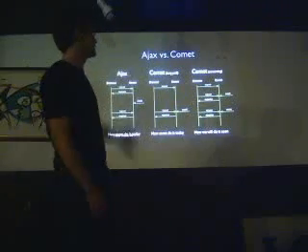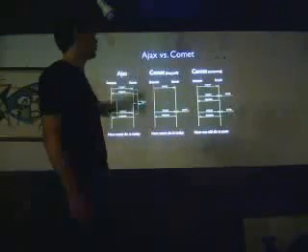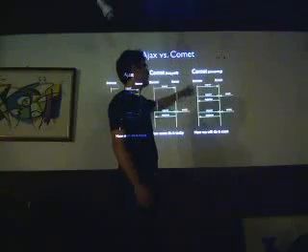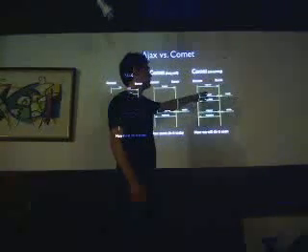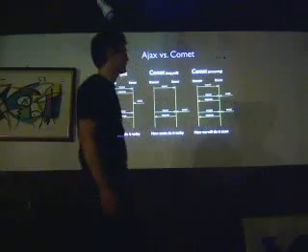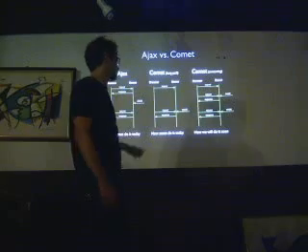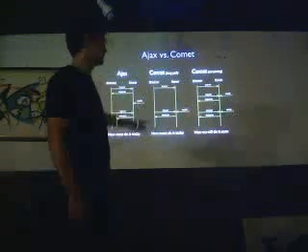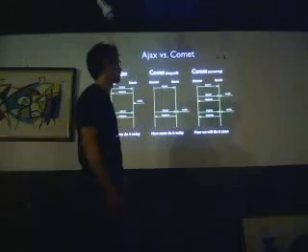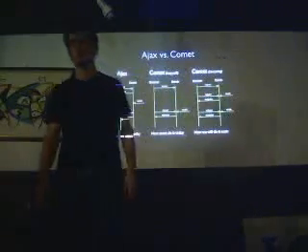So there are two kinds of Comet: long polling and streaming. Streaming is basically when you open a connection and then, whenever events come, you just send responses back. I will talk about it in the next slide. But this is how most Comet works, and this is how it will work in the future.